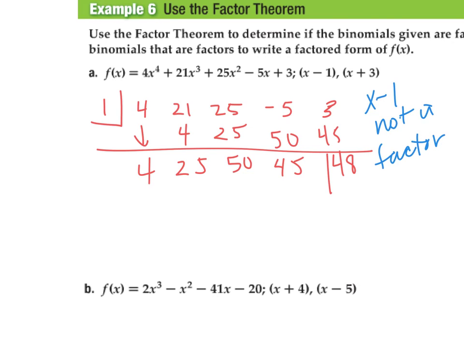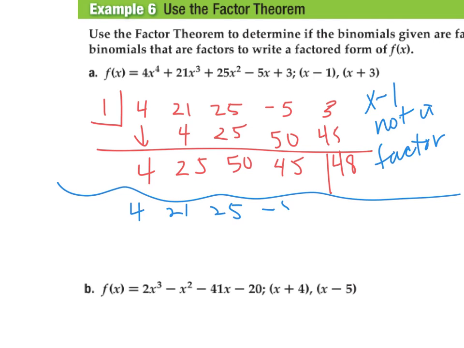So I'm going to try the second one with x plus 3. Still do the same thing, write down your coefficients. When I solve for x with x plus 3 equals 0, I get -3 this time. You bring down your 4. I'm going to multiply the -3 times 4, which is -12.